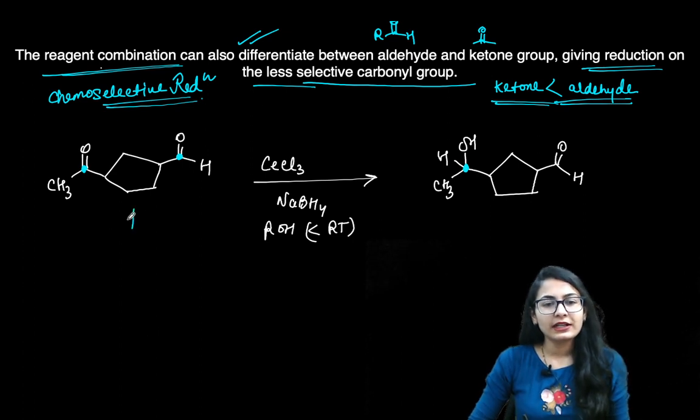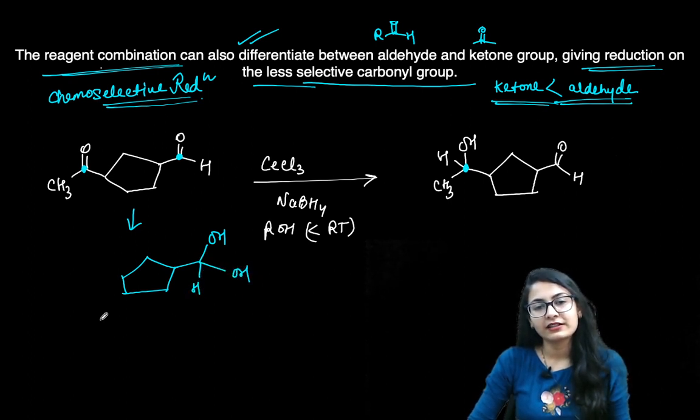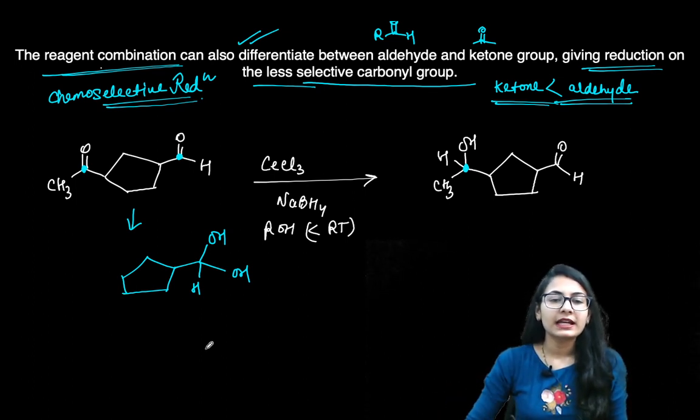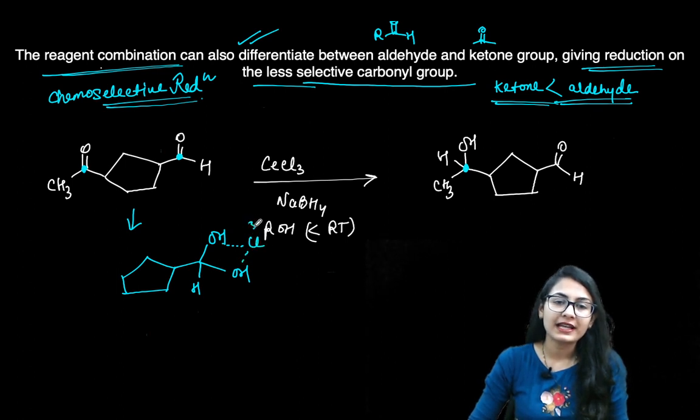You can explain this in one of these ways: the more reactive aldehyde forms the hydrate. Because the aldehyde is more reactive in the alcoholic medium or in the aqueous medium, it is going to form a hydrate, and that is chelated by cerium.